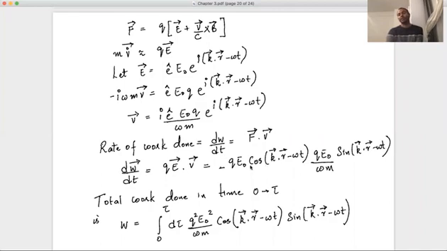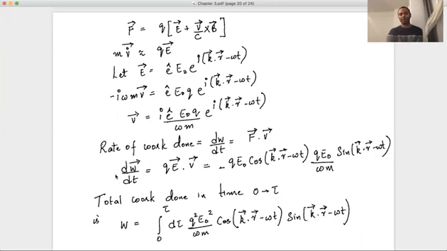So for the electric field, the real quantity is cos of (k dot r minus omega t). Now for the velocity, because you have an i here, the real part of this quantity is going to be sine of this quantity, k dot r minus omega t, right? And now you're going to see why the work done is zero. Actually the work done is not exactly zero, the average work done is zero, right?